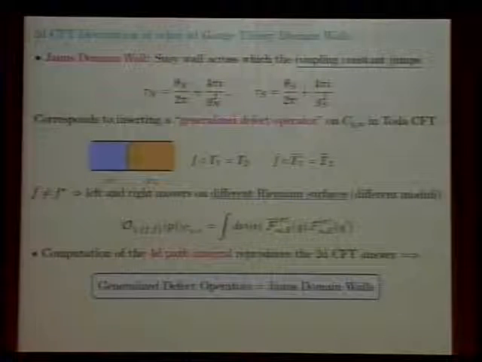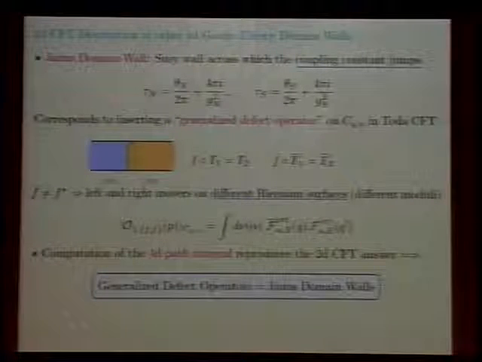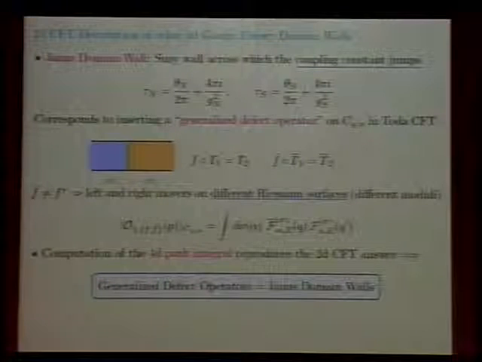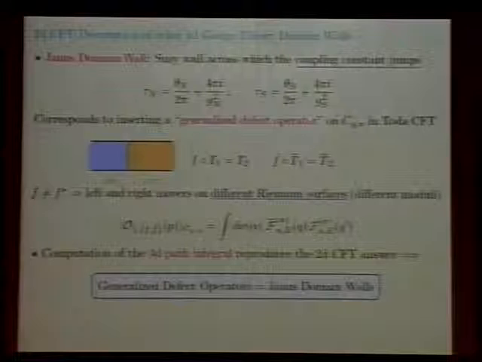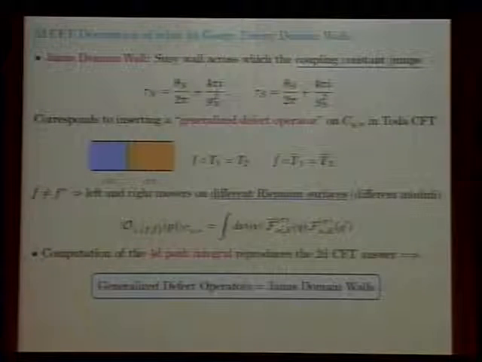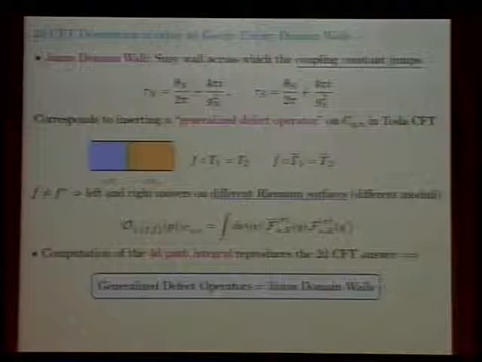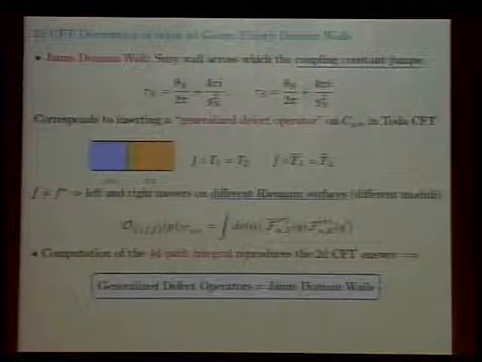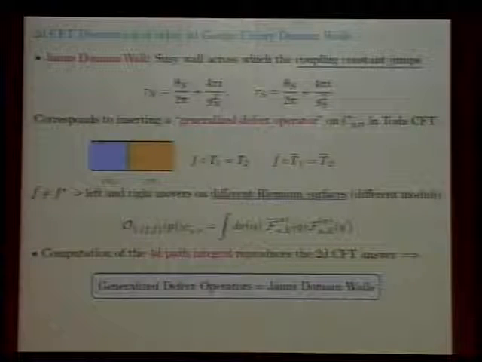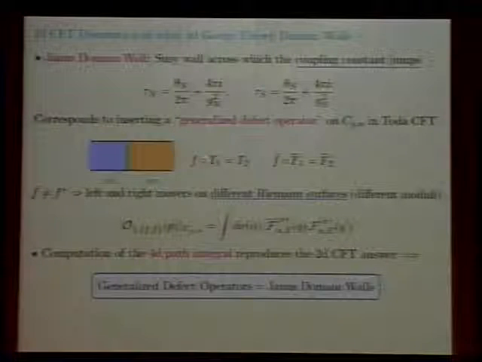The statement is that if you want to study the partition function of the Janus domain wall on a four-dimensional N=2 gauge theory, this corresponds to inserting a generalized defect operator on the Riemann surface into the CFTs. And what I mean by a generalized defect operator is that instead of gluing across the interface the stress tensor of the two theories, what you do is you do a conformal transformation and then you glue.